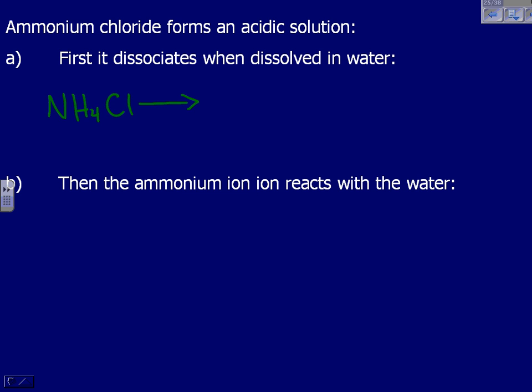NH4Cl. Dissociate it, getting NH4+ and Cl-.